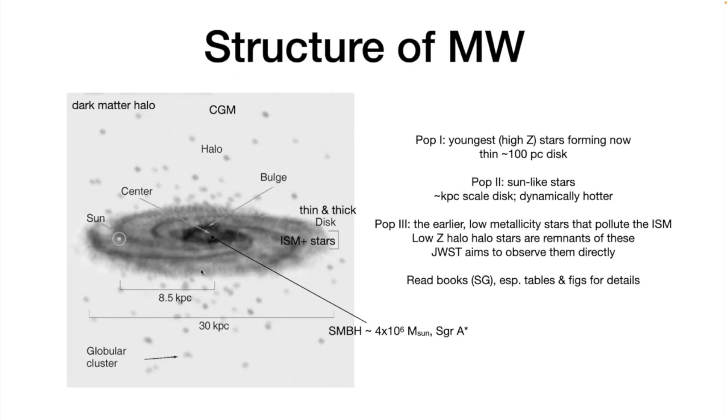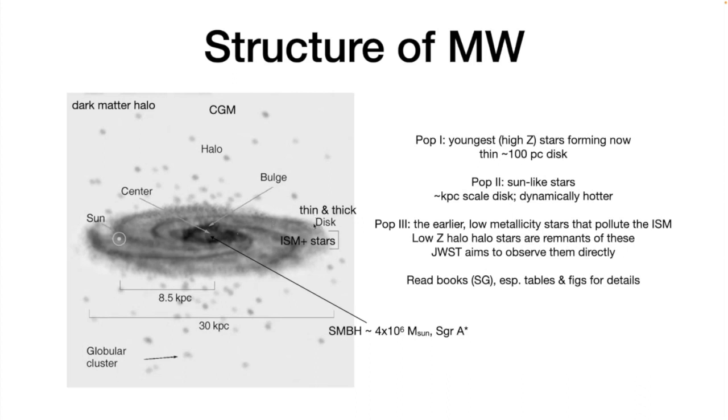So it gets random kicks because of these. It's almost like collisions, right? And the longer the star has been around, the more it has been kicked randomly. So that's why its velocity dispersion is higher, and that's what gives it a thicker height.